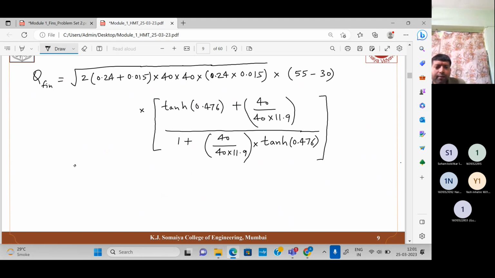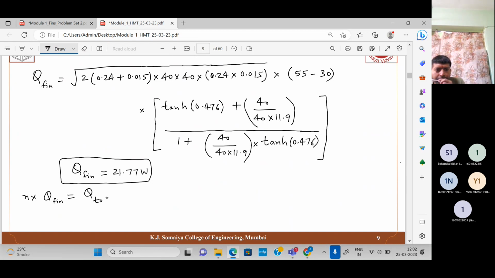Okay, so the heat dissipation from a single fin is 21.77 watt. Okay, so this is the calculated value of heat dissipation from a single fin. We know the number of fins multiplied by the heat dissipation from a single fin is equal to the total heat dissipation.